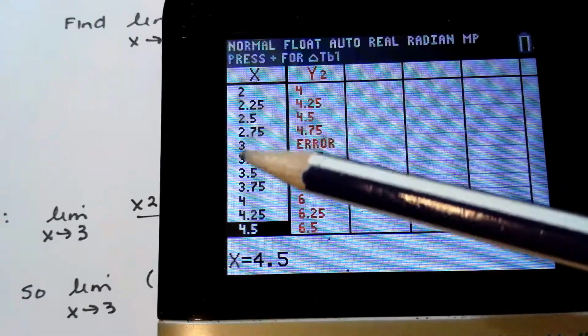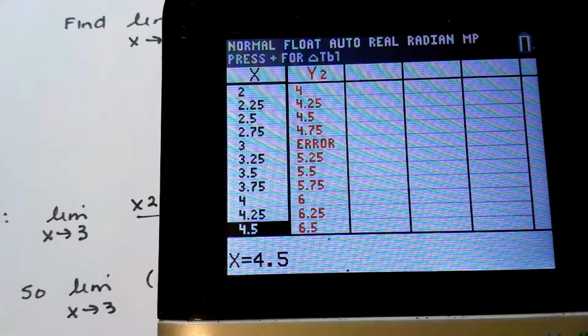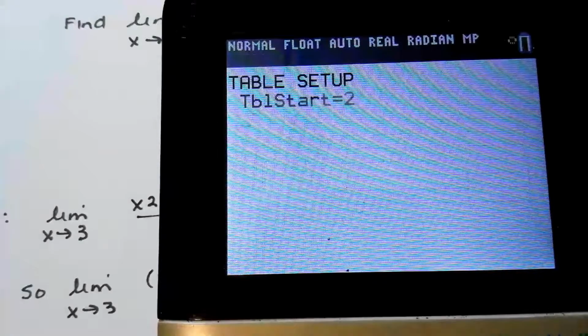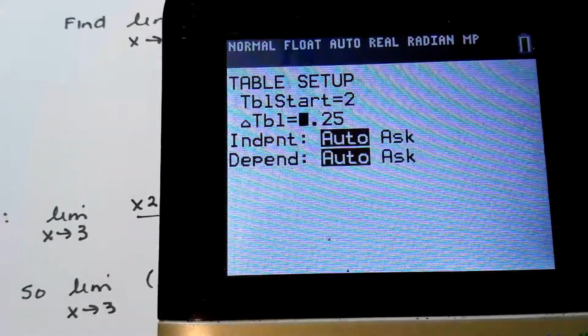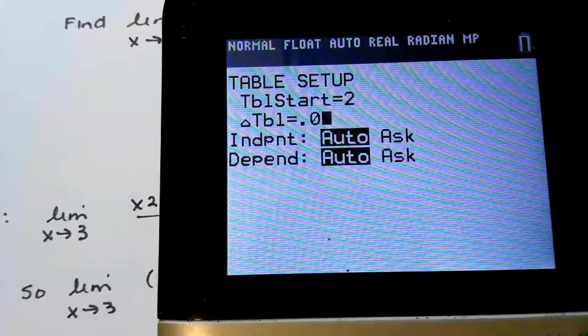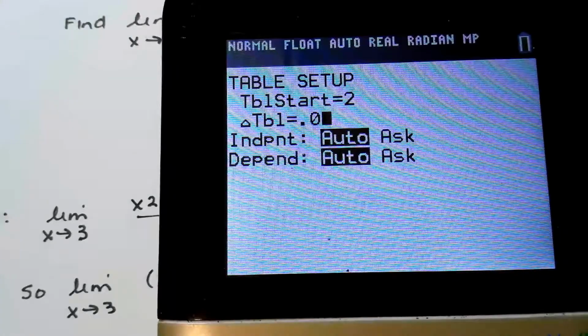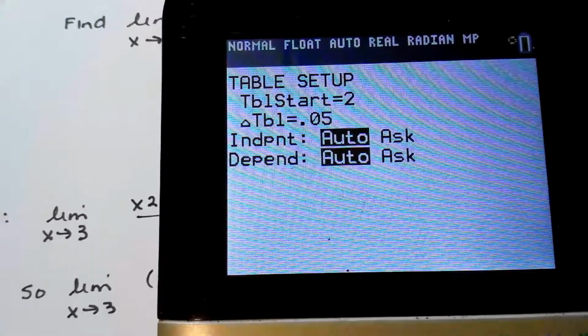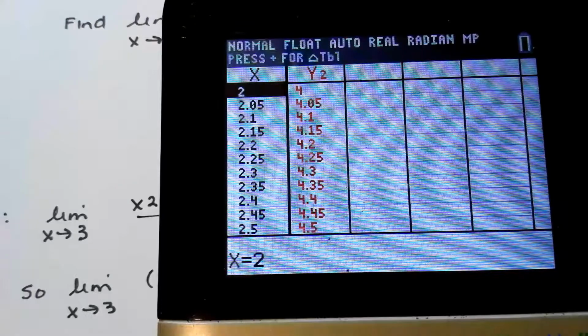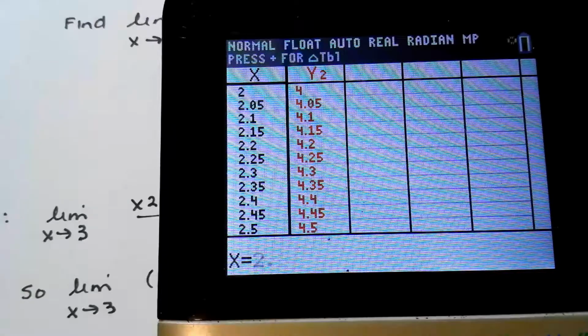So if I refine this to maybe 0.01, let's just try it. So table 0.0, let's do 0.05 and look at this table again. Now what that does is make my increments even smaller.